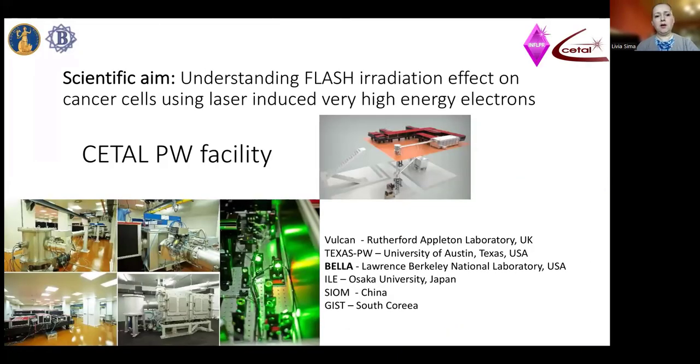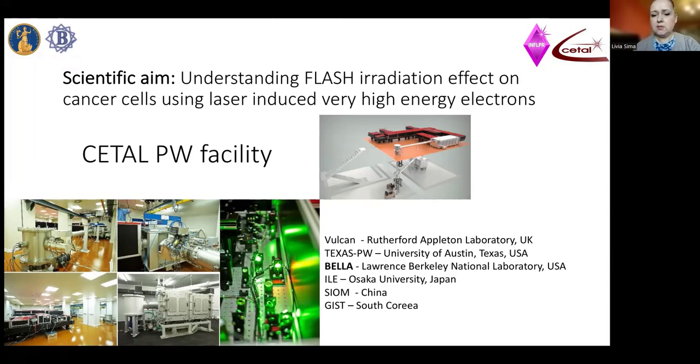We have a new direction in our laboratory that is in collaboration with the National Institute for Lasers and Plasma Physics, where there is a facility of a high-power laser that produces energy up to 1 petawatt. Here, the laser is directed towards a jet of gas, producing electrons with very high energy.